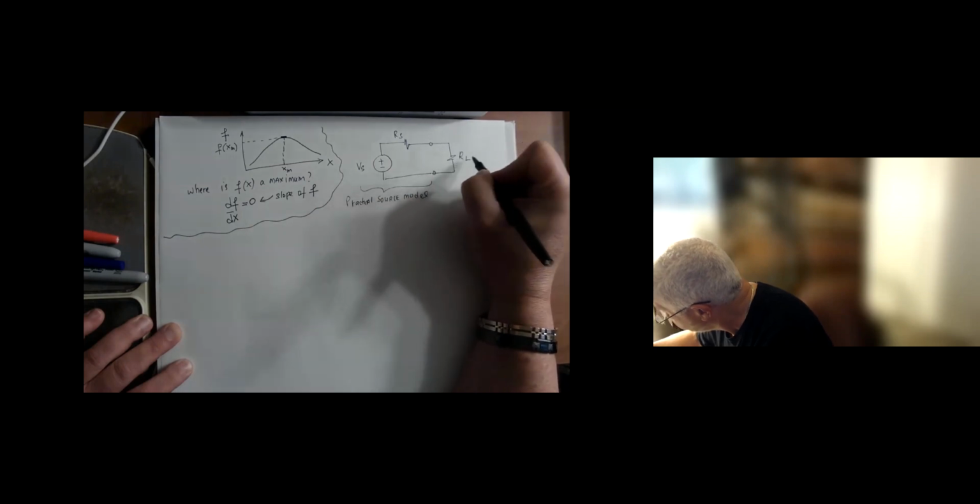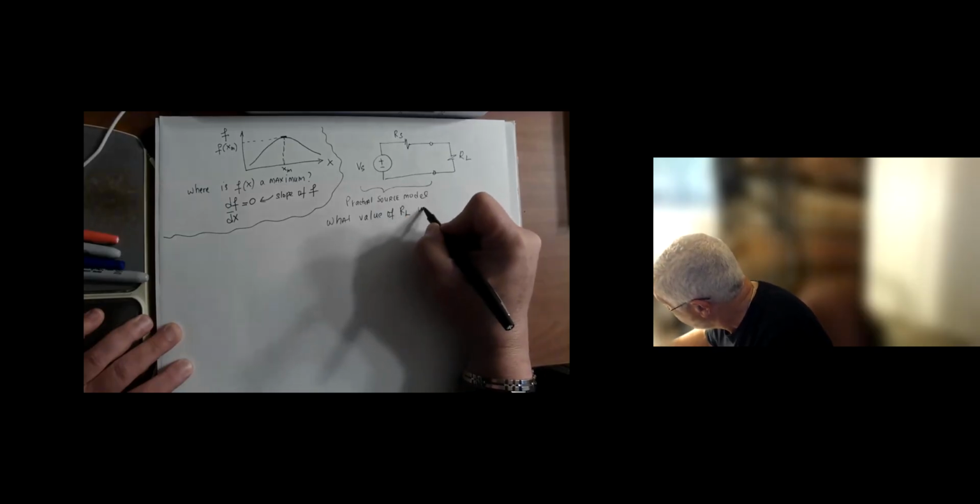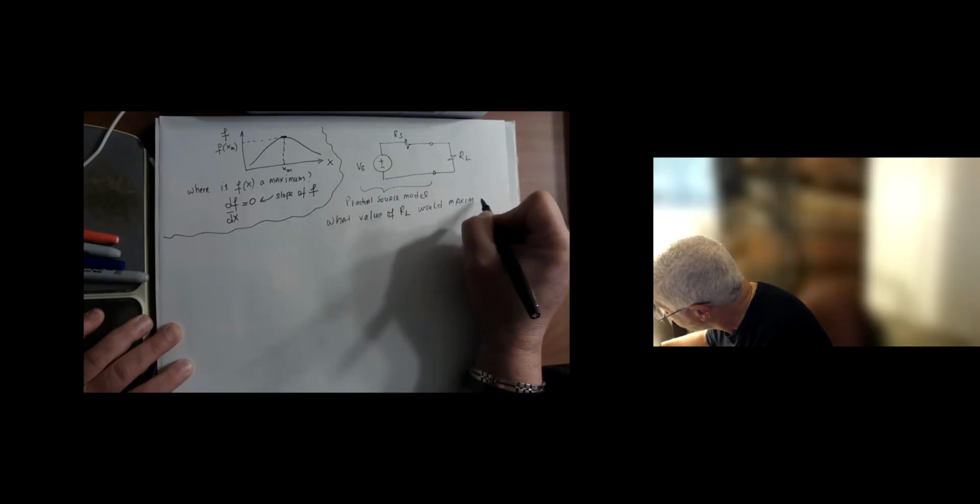And then I connect the load RL to it. And then I ask, what value of RL would maximize the power dissipated in RL?